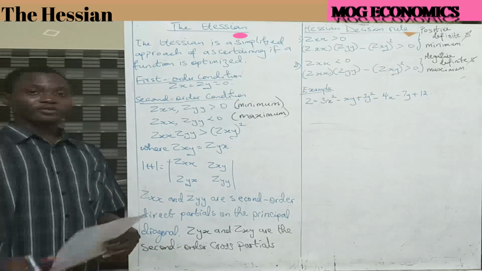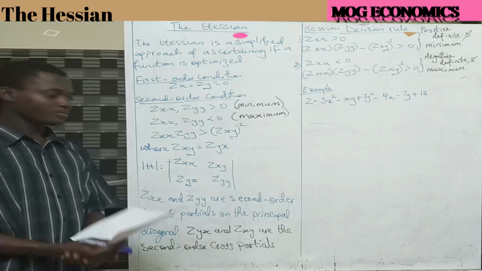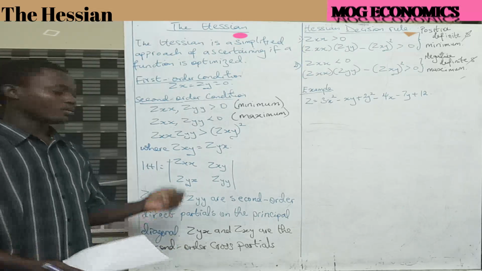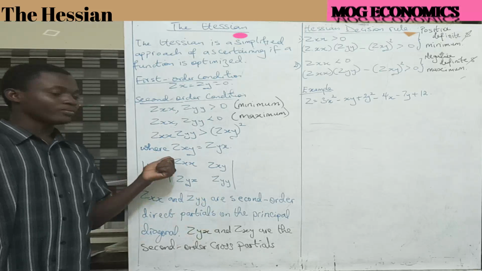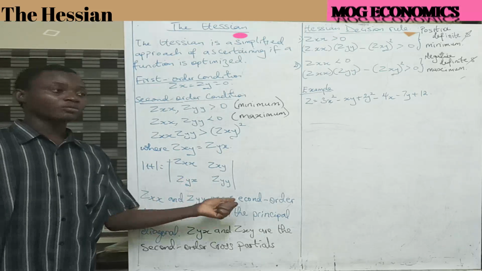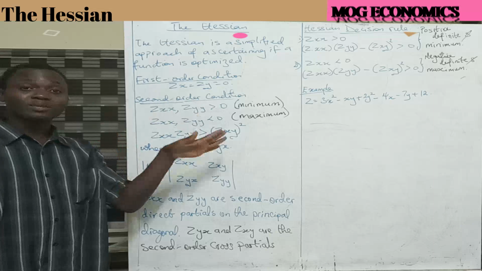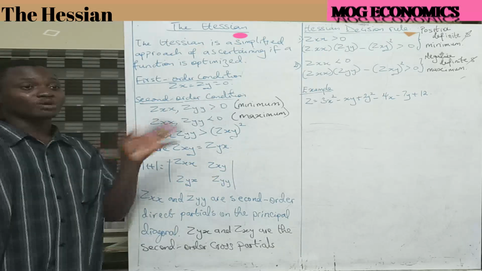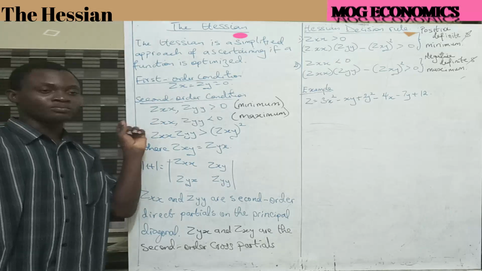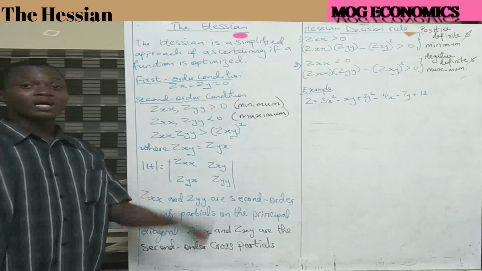Am I too fast for you? Sorry. If you look at your second order direct partials, you will see that they are arranged on the principal diagonal. From your very first class in matrices, you should have been taught what the principal diagonal is.